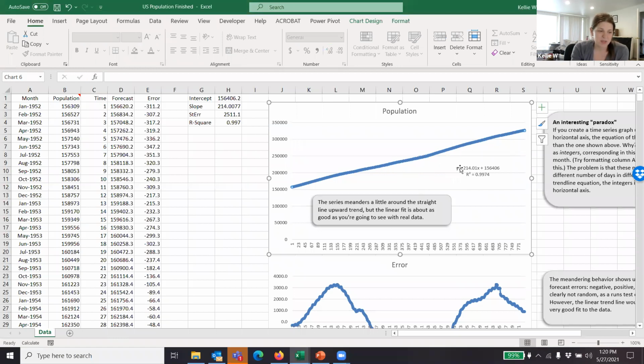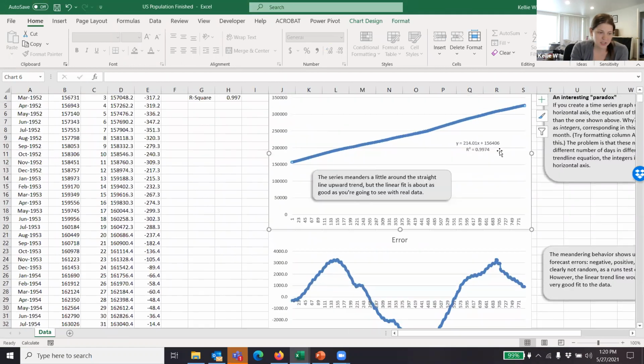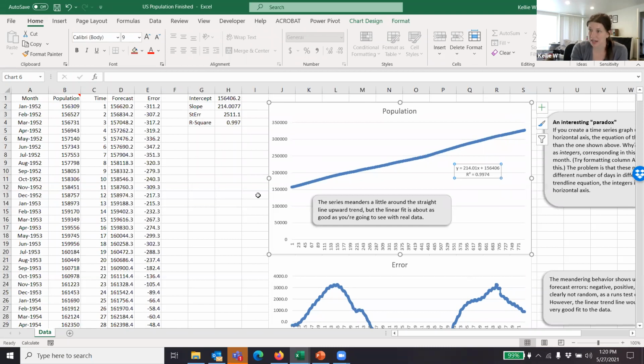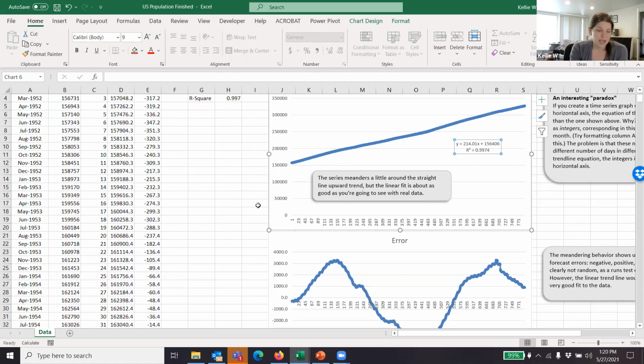You can see it's not a perfectly straight line, but it's very close. So this just becomes clear. Yes, we should fit a linear trend to it. And if we do that, we get an R squared of 0.9974. That's really basically as good as it gets for using our actual data. So the population for the US is very predictable using a linear equation.